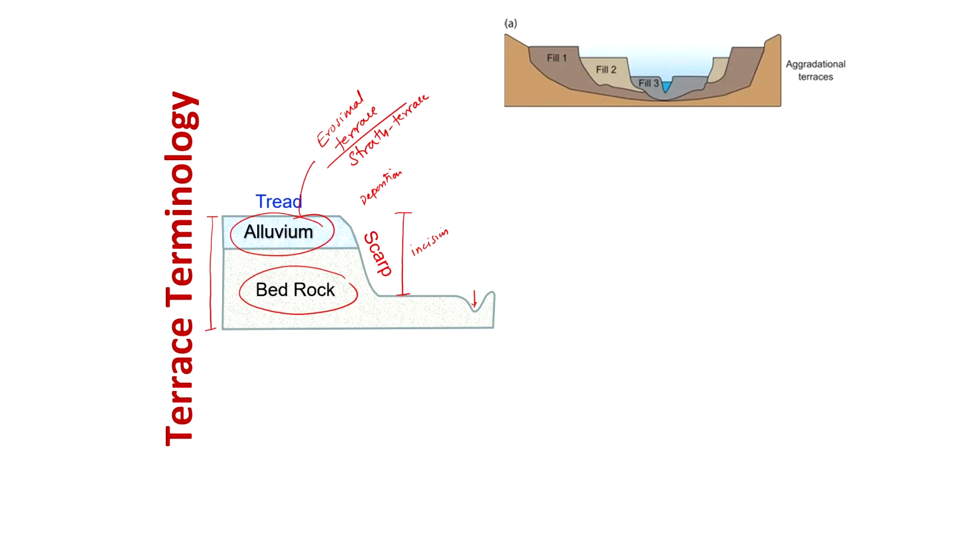Now let us see how we classify the depositional terrace. Depositional terraces are also termed aggradational terraces. In this, we have a valley boundary, or the boundary of the channel.